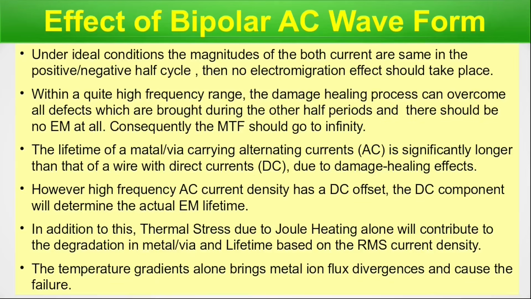So the void which we were getting earlier, moving due to the electron wind and the momentum transfer to the ions, will get energy from the thermal conditions, and under the thermal stress, this void creation will get enhanced and damage will happen to the metal or via. In addition, the EM effect that is coming from the DC part of that particular AC will contribute to this damage.